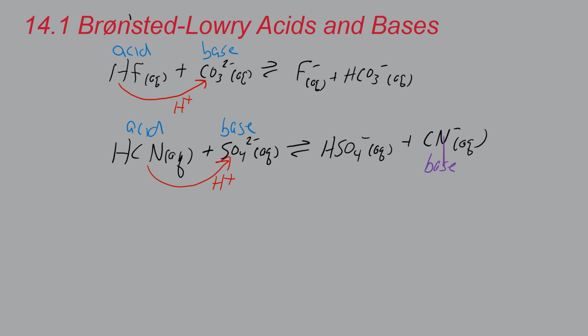Play the same game with what became of the base in the reverse direction. So we're looking at the HSO4 minus. Now in the reverse direction, the HSO4 minus ends up as SO4 2 minus. So it gave up a proton, which means in the reverse direction, what the base became after it picked up the proton is now acting as an acid.